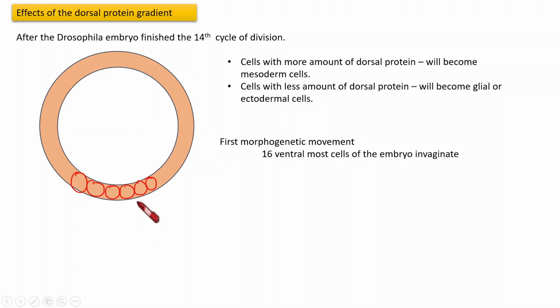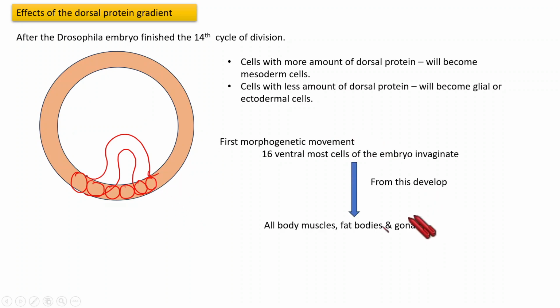Anyway, you need to understand that these 16 ventralmost cells invaginate because of some changes that happen in the embryo. They invaginate and form, and from that invagination later will develop body muscles, fat bodies, and gonads.